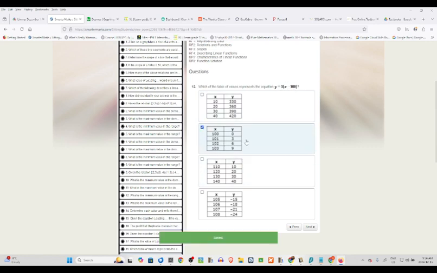This one seems to be holding up. If we try this one, 110 minus 100 is 10 times 3, y would be 30. And 105 minus 100 would be 5. 5 times 3 is a positive 15, not a negative. So it is B.